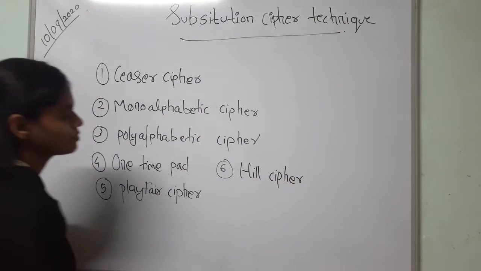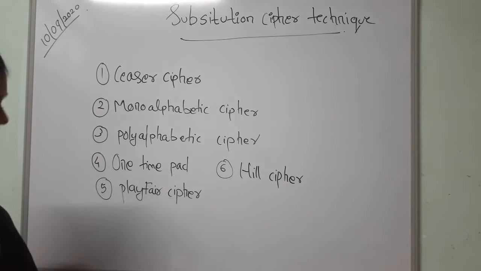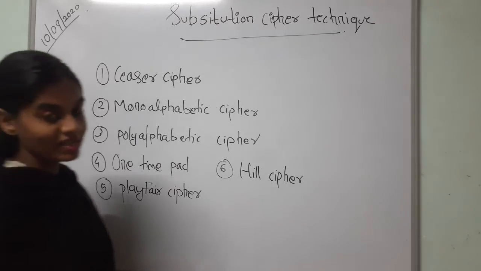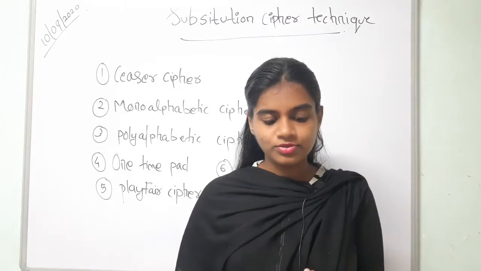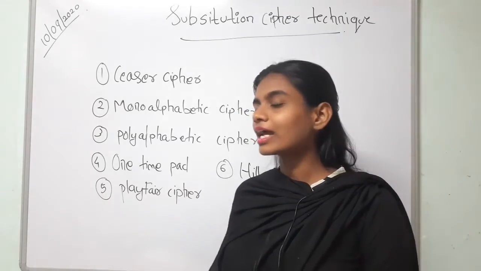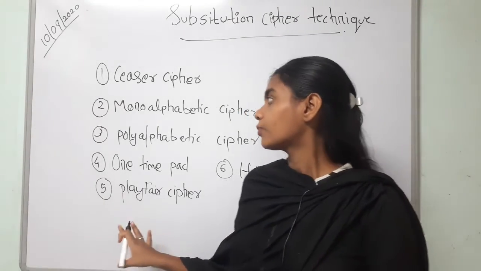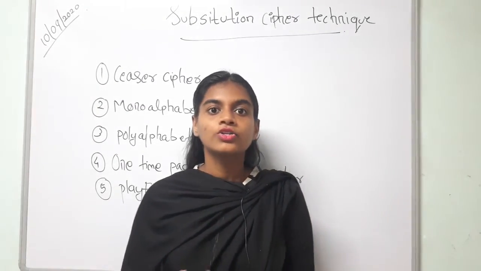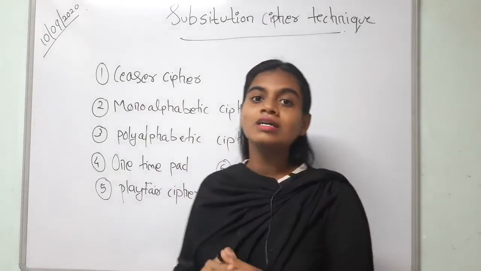These are the names of the substitution cipher techniques. These are the techniques they use to convert the plain text into ciphertext. But how do they do it? By these techniques. I hope you understand what these points are and what the substitution cipher technique is. So let's start first with the substitution cipher technique.